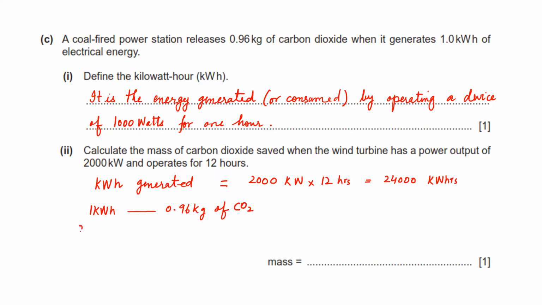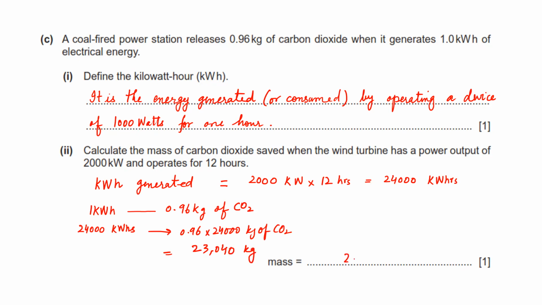Then 24,000 kilowatt hours will give 0.96 into 24,000 kg of CO2. So this will be 23,040 kilograms.